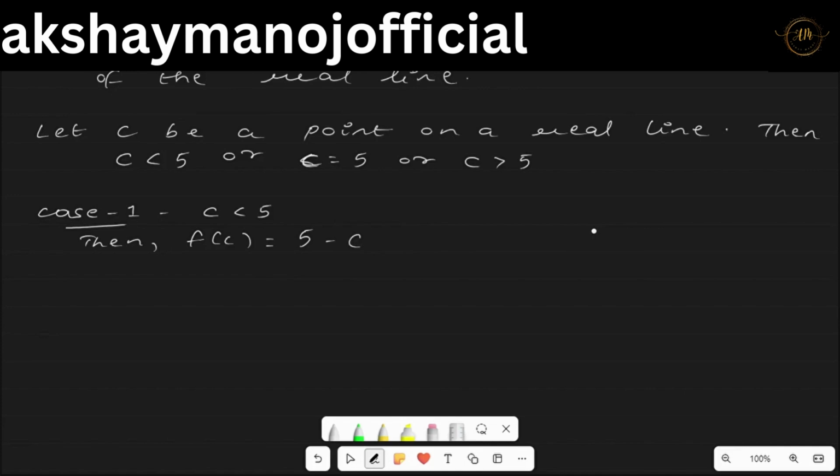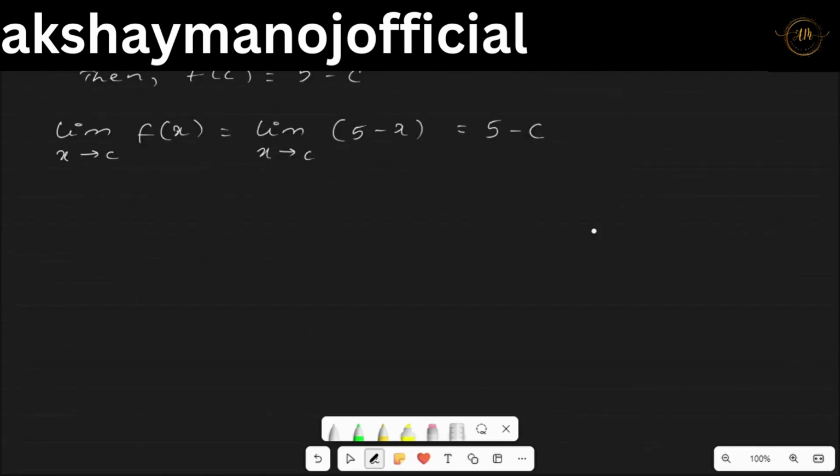Okay, we'll take the limits. Limit as x tends to c of f(x) is equal to limit as x tends to c of 5 minus x, which is equal to 5 minus c. So therefore, limit as x tends to c of f(x) is equal to f(c), right?